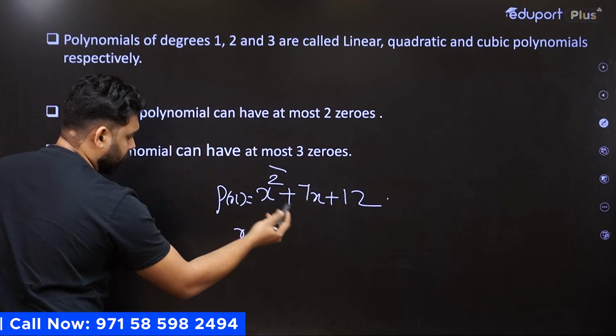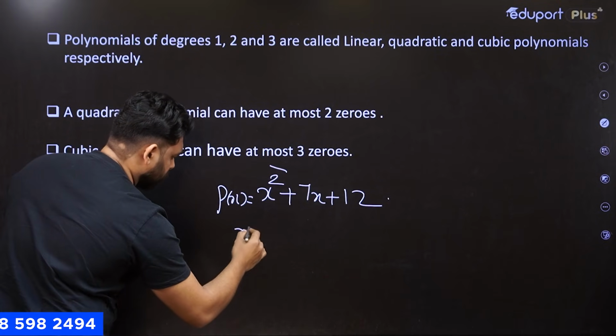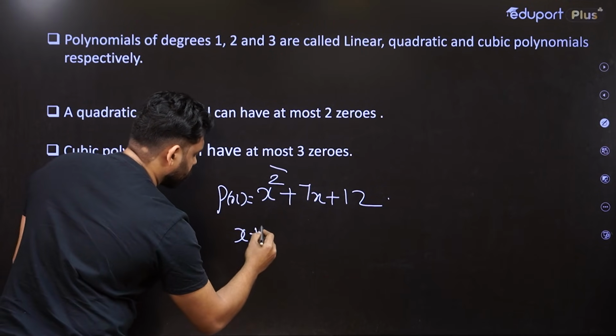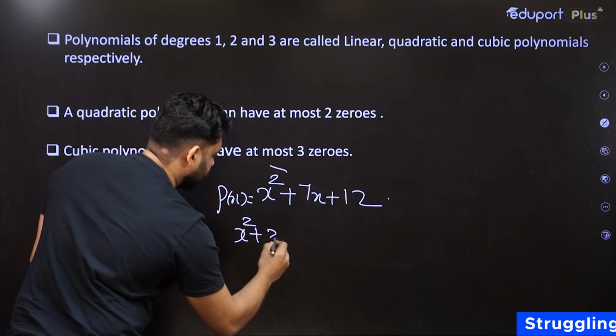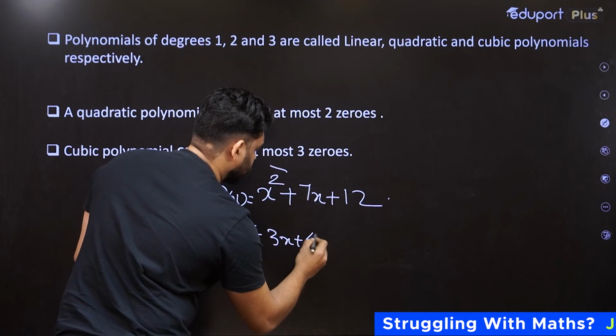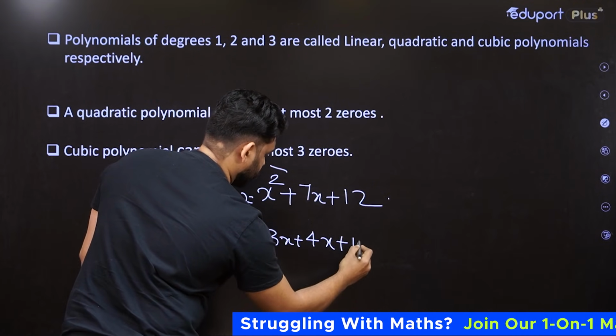Okay. So let's factorize this, that is x square plus 3x plus 4x plus 12.